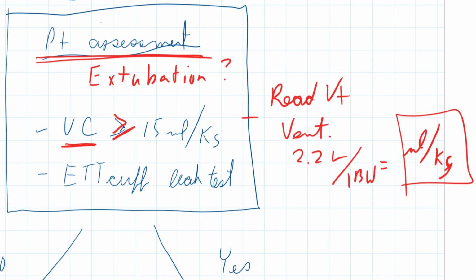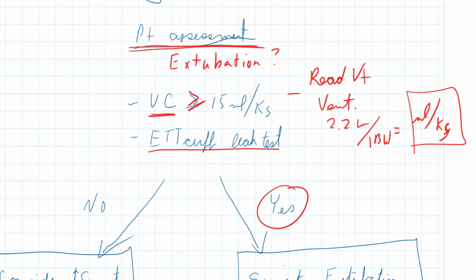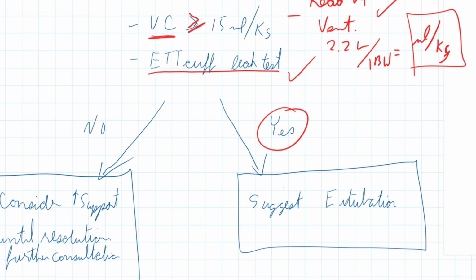Another thing we're going to be thinking about is, do they have a leak past that endotracheal tube cuff? Very quickly, put your stethoscope by the patient's throat and decrease the cuff pressure until we hear that little leak. If the answer is no, that's going to be an important piece of information. If the answer to both of these questions is yes, that we have a cuff leak and they have a good vital capacity, then we can go ahead and suggest possible extubation.